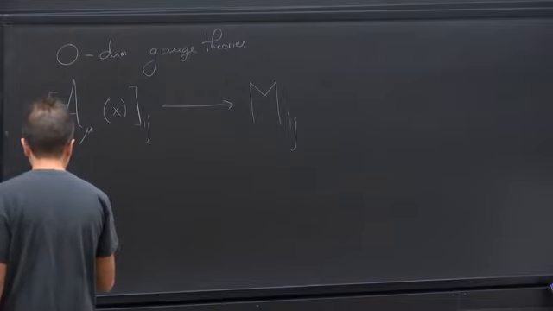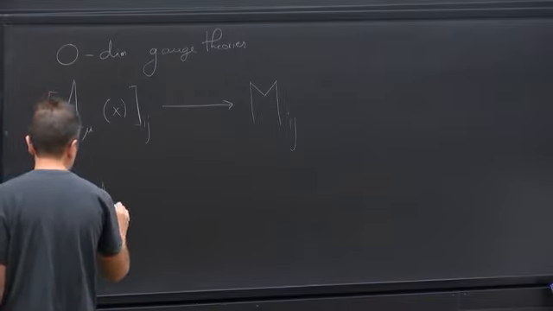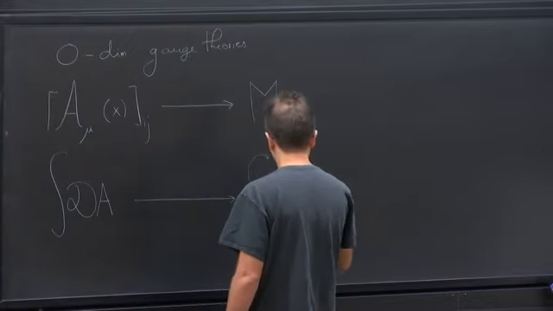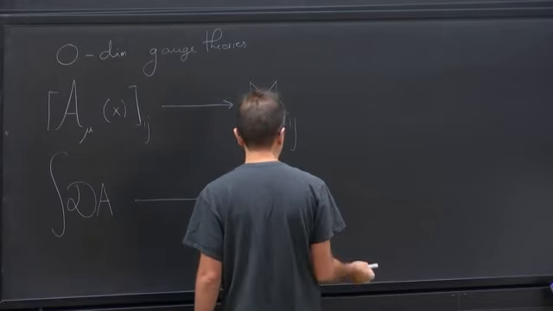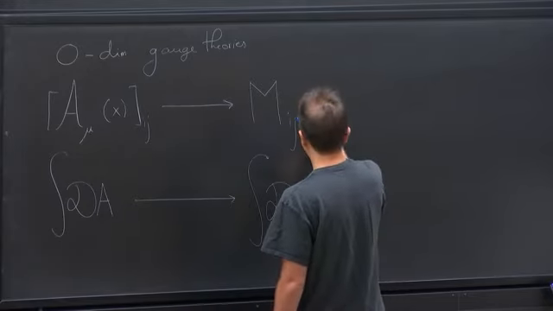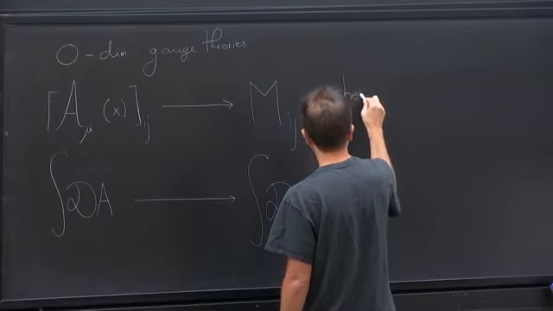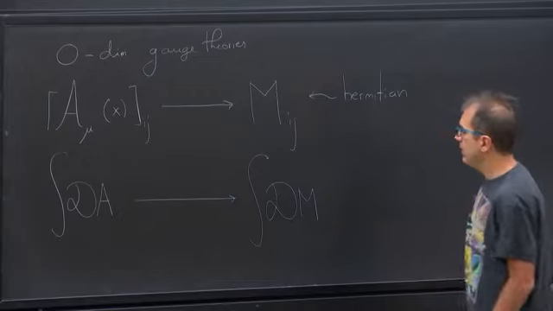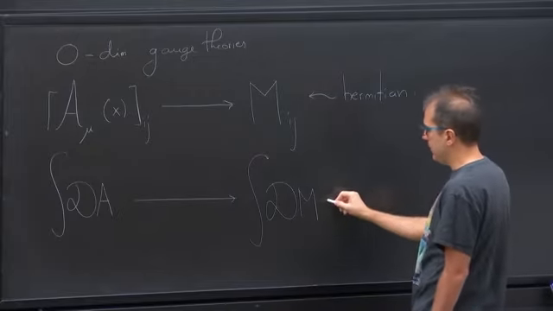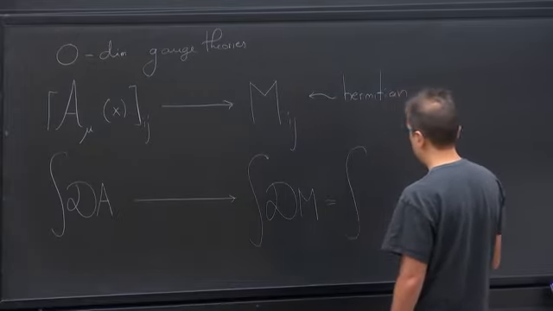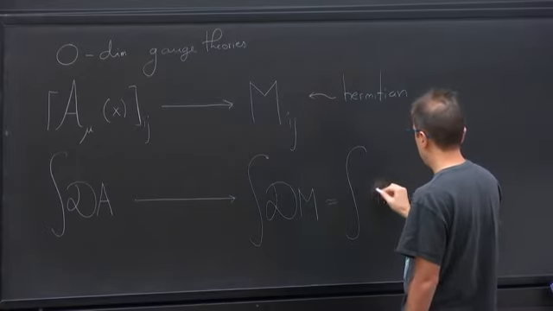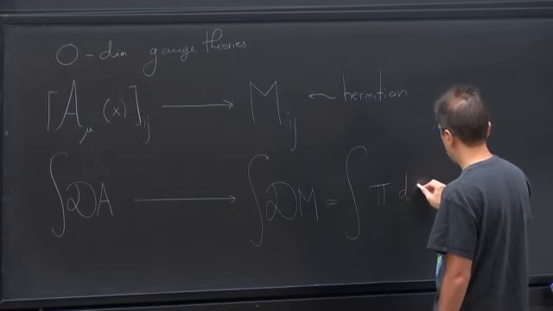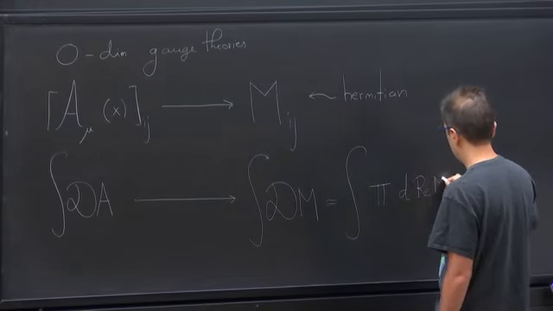And instead of an integral over all possible gauge field configurations, we will have a path integral over all possible matrices M. This matrix M, let's still make it Hermitian. And so if it's a Hermitian matrix, this integration measure is nothing fancy. You just need to integrate the diagonal elements, which are real, right?